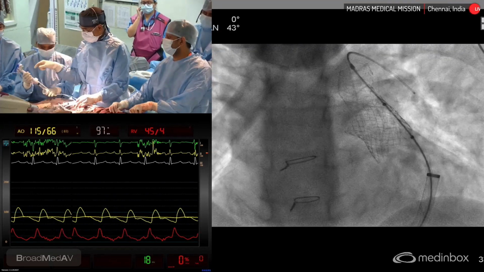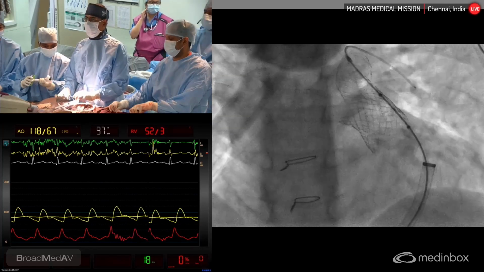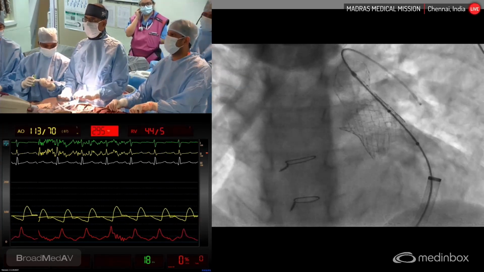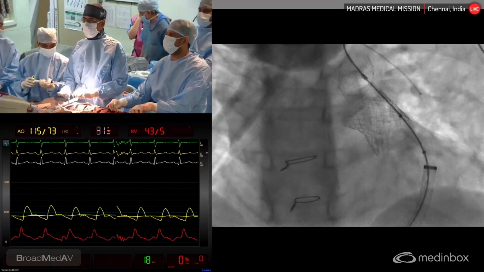And this is negative. Okay. So now I'm going to take out this Atlas Gold.